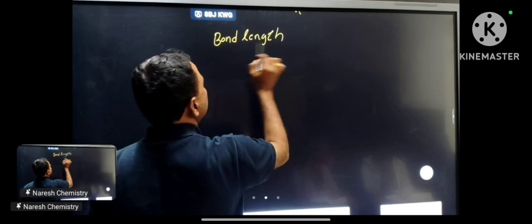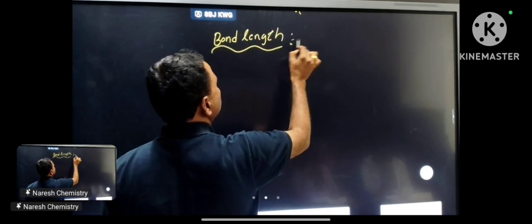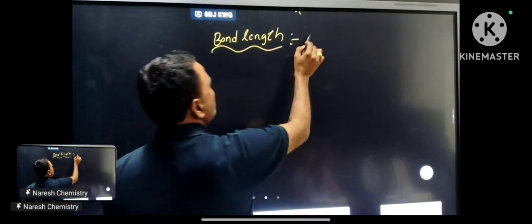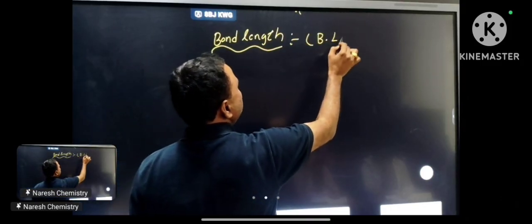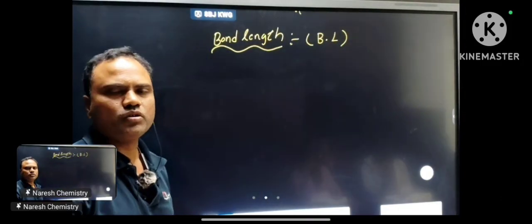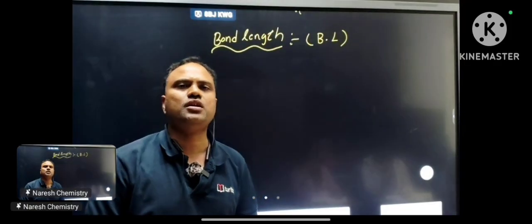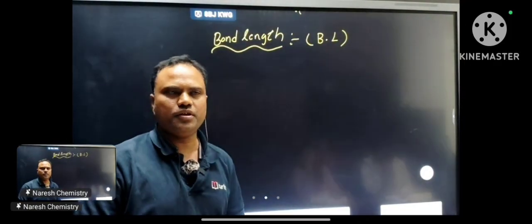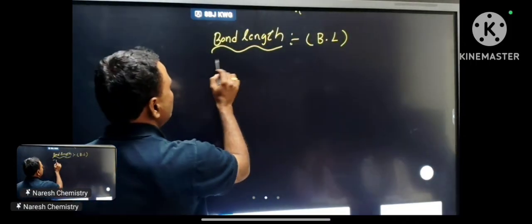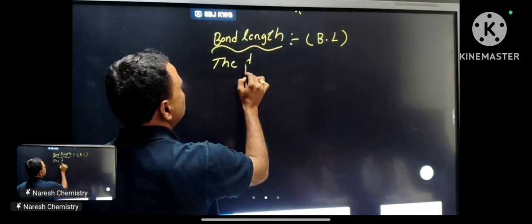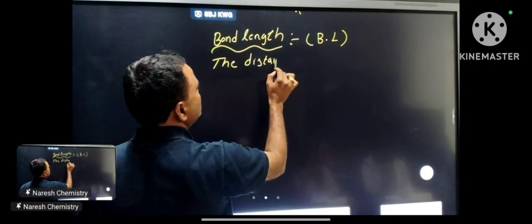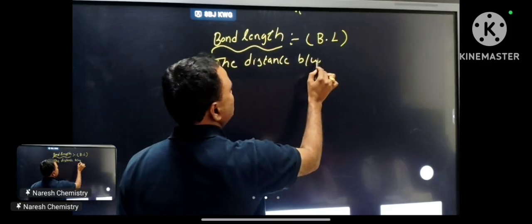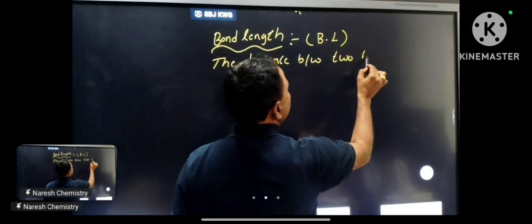Bond length. Let us abbreviate it as BL. We will go with the general definition, instead of textbook definitions. Bond length is the distance between two bonded atoms.